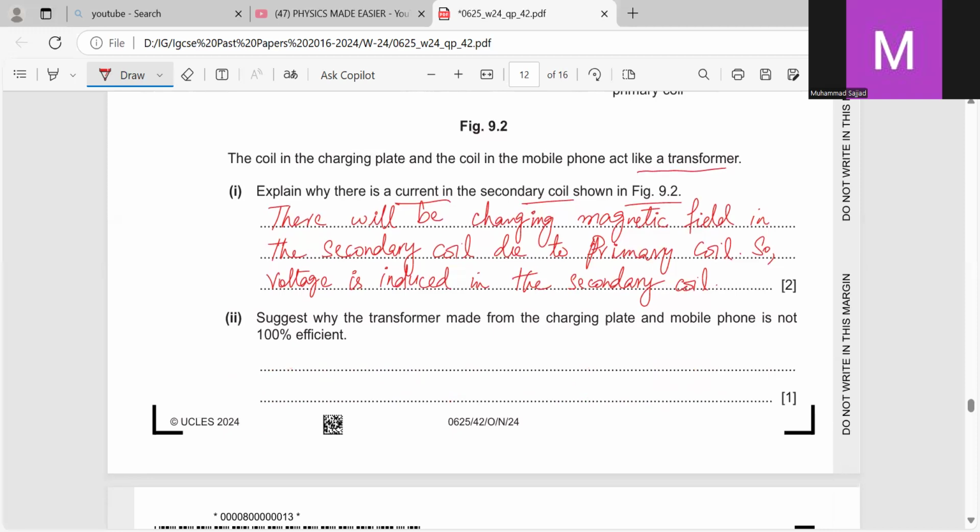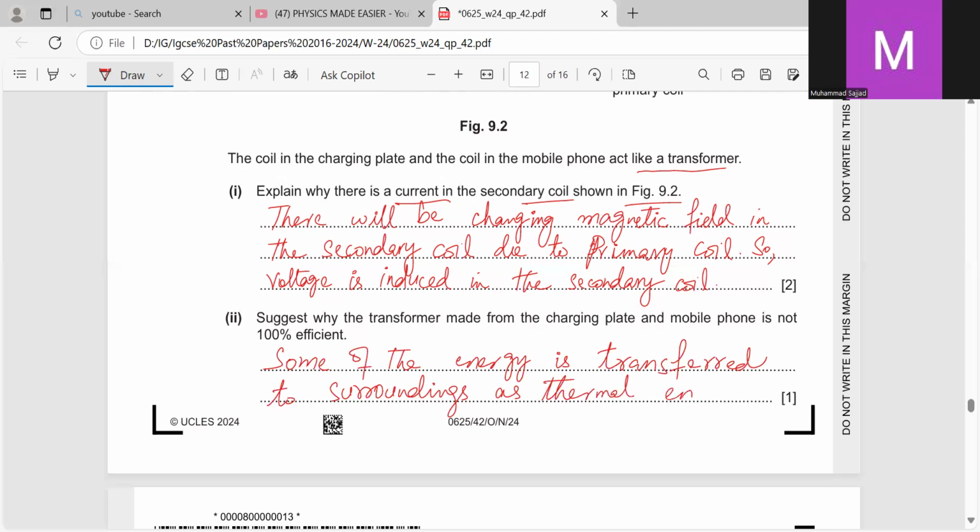Some of the energy is transferred to the surroundings as thermal energy. So like this you can say, that's why it's not 100% efficient.